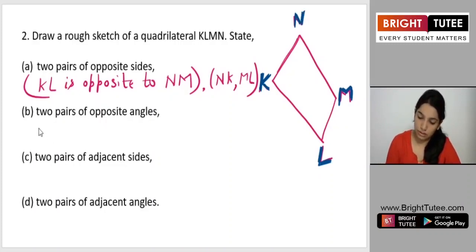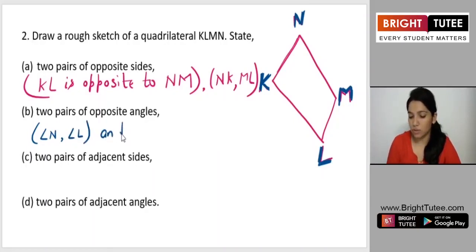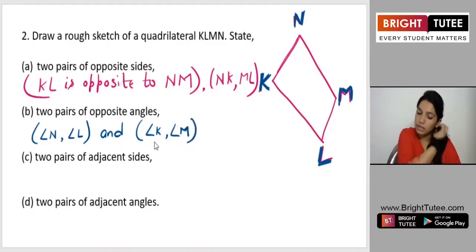Here clearly we have angle N, which is sitting opposite to angle L. This is one pair. And which one is the second pair? The second pair is angle K and angle M. So these are the two pairs of opposite angles.